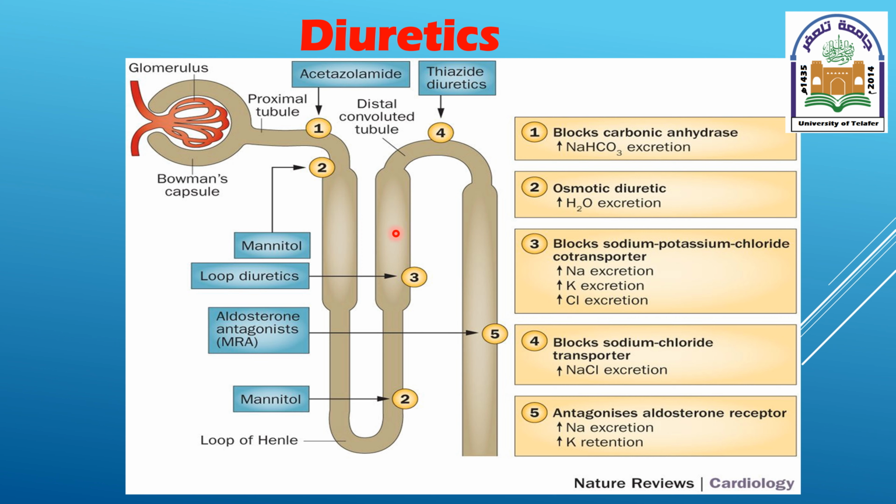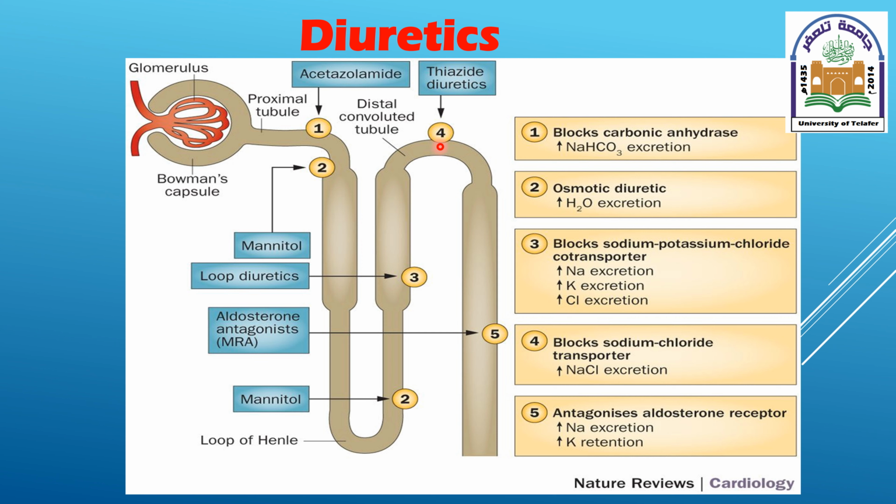The next segment of the tubule is the distal convoluted tubule, where 5% of the filtered load of water and electrolytes is reabsorbed. Here in this distal segment, the reabsorption of electrolytes, especially sodium, is under the control of the hormone aldosterone.